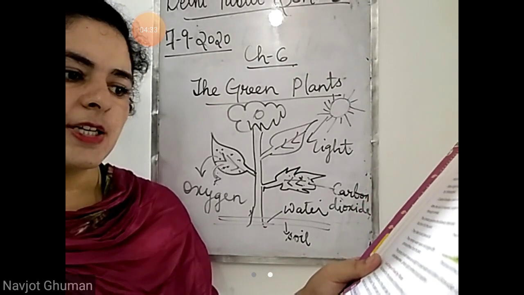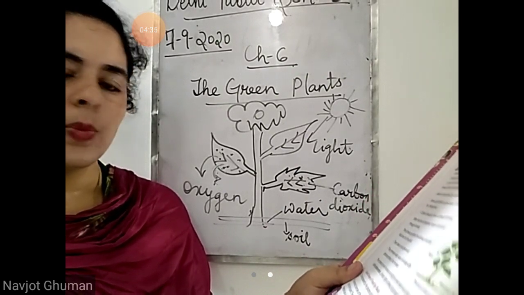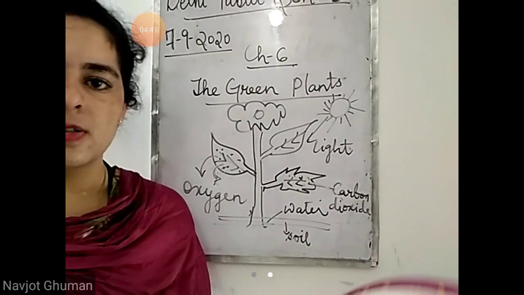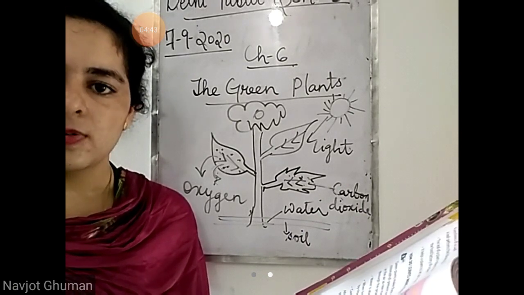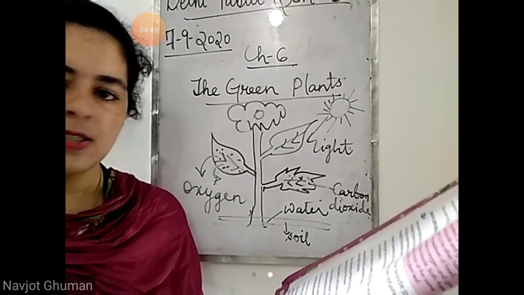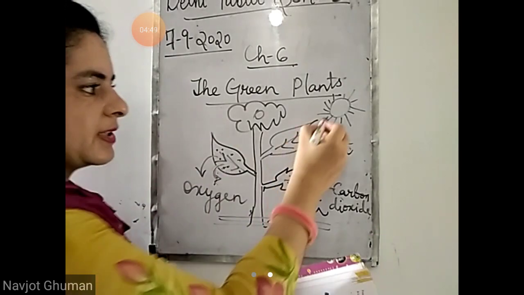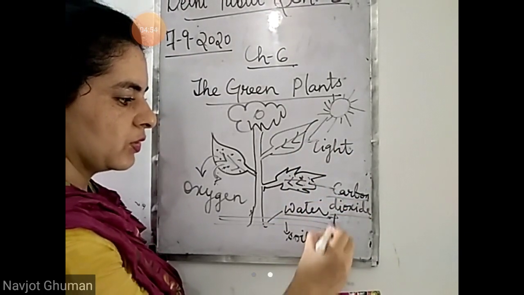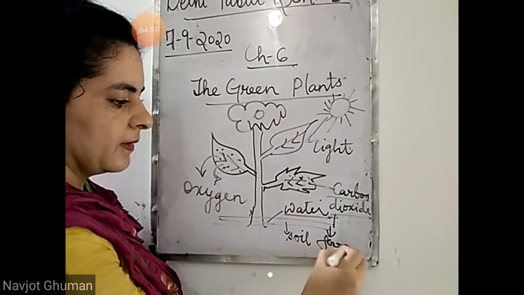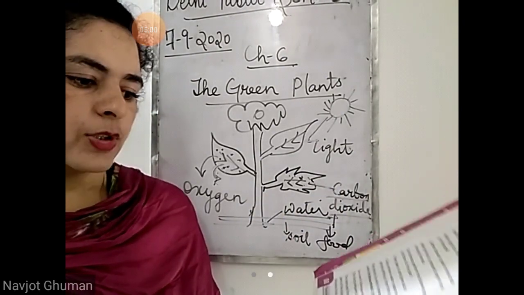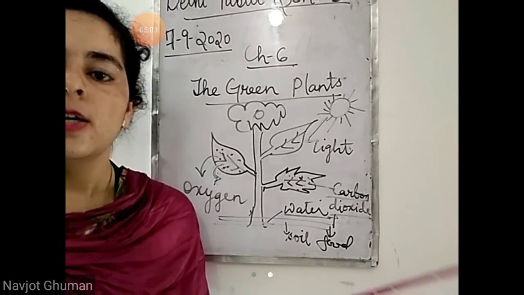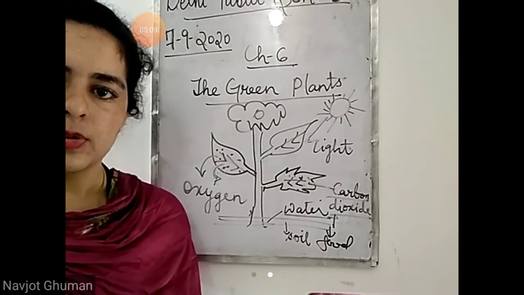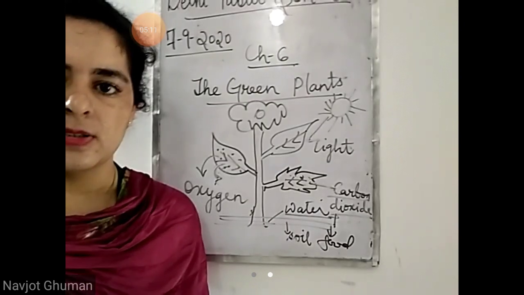The process by which leaves use sunlight to convert water and carbon dioxide into food is called photosynthesis. Now what is photosynthesis? It is a process by which the leaves of a plant use sunlight to convert carbon dioxide plus water into food. That is called photosynthesis. Photo means light, synthesis means to put together, to make or join something. So in the presence of light they are making food, so that is called photosynthesis.